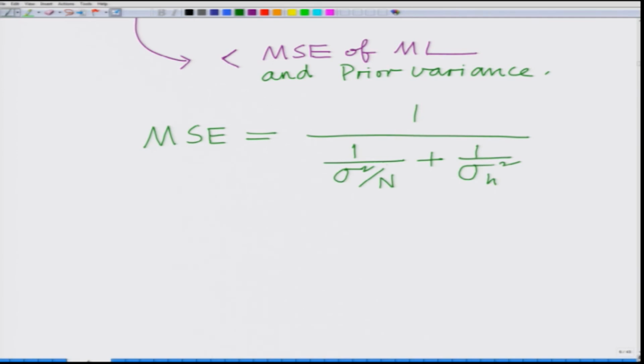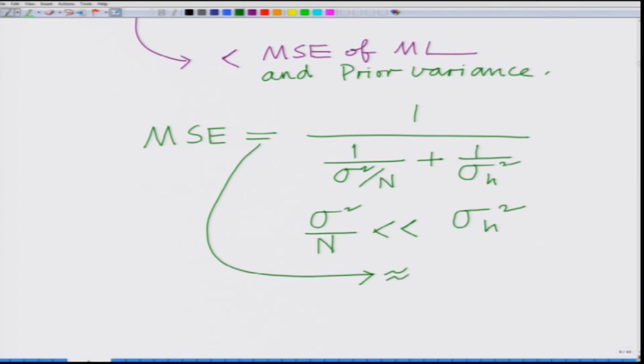Now, if sigma square over n is much smaller, let us say the MSE of ML is much smaller than sigma h square, then we can see that 1 over sigma square over n is much larger than 1 over sigma h square. Therefore, in this scenario, this will be approximately equal to 1 over sigma square over n, which is basically simply sigma square over n, equals the MSE of the maximum likelihood estimate.